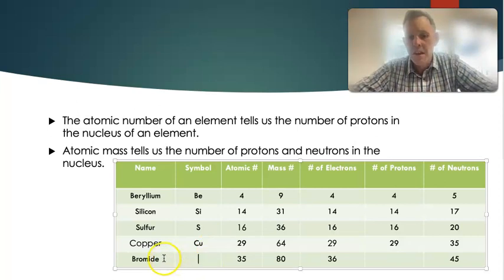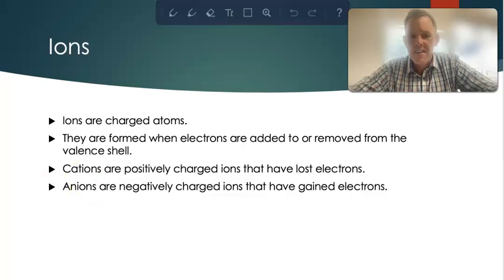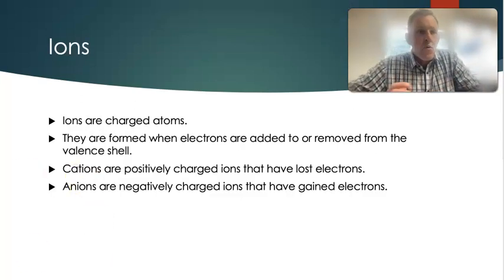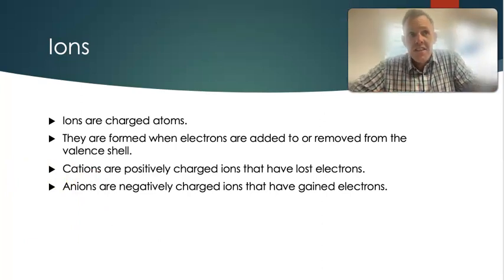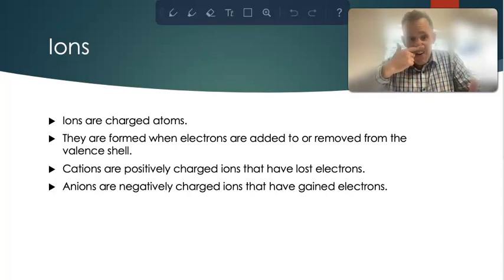Bromide. If it ends in that IDE, it's an ion. Okay, in particular, it's an anion. So, we need to go and have a bit of a look at ions quickly, and then we'll come back and fill that out. If you remember what an ion is, it's a charged atom. They form when valence electrons are added or removed. Non-metals will gain electrons, so they get a negative charge.